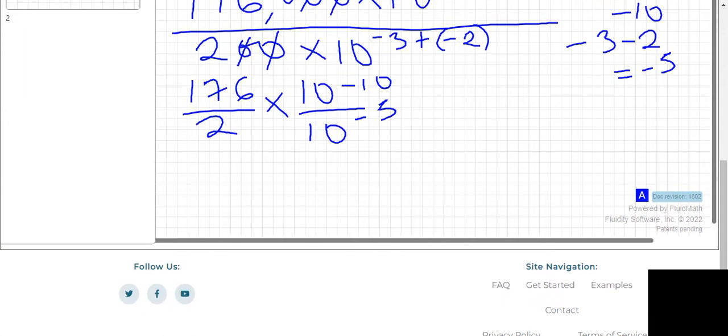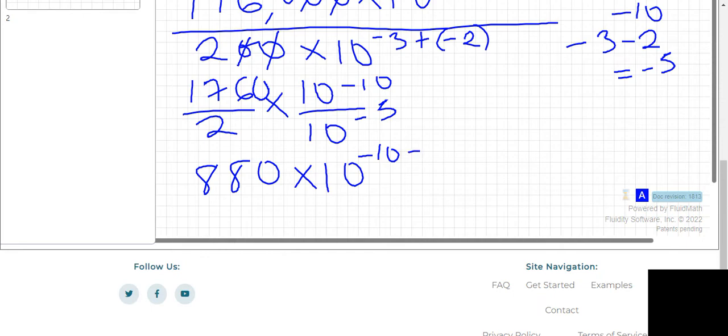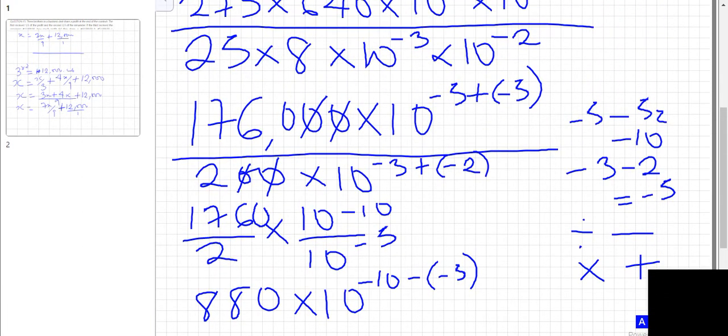1,760 divided by 2 is going to give us 880 times 10 raised to power. Remember the division sign. This will give us 10 minus bracket minus 5, because 10 raised to power minus 10 divided by, remember, when we have division it goes with minus, and when we have multiplication it goes with the addition of the power.